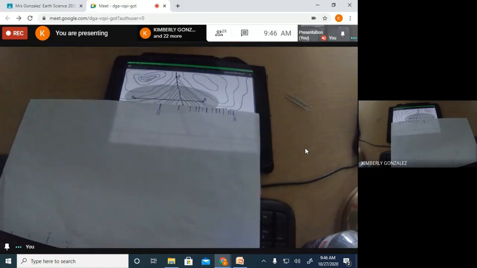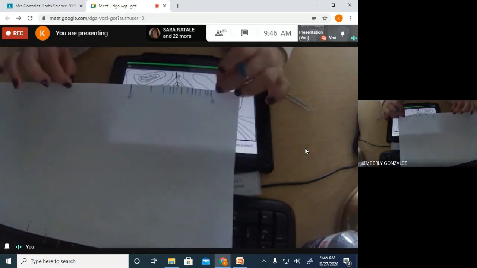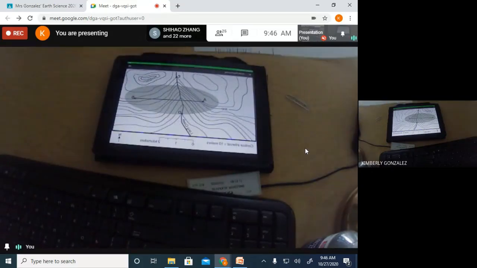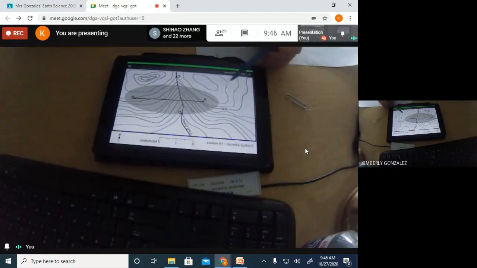Question? Yes, you may. Okay? The next thing you are going to do is you're going to take your piece of paper and you are going to now look at the graph and write down what the elevation should be for each of them.